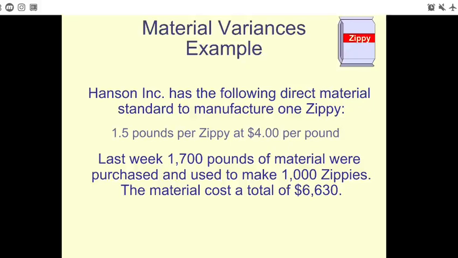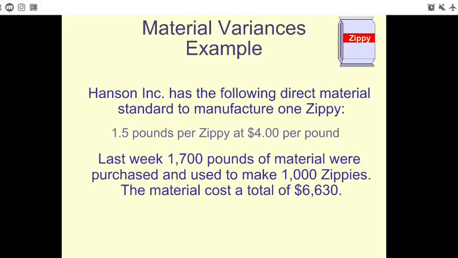So I hope after you see these examples, you can calculate the variances, and then I hope you will get good marks in the quiz too.